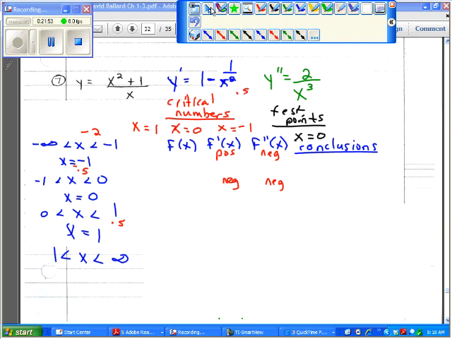If I put in a 0.5, then 0.5 squared is a fourth, and so I'm going to get a fourth, and I'm going to have a 1 minus 4, which is a negative 3. And so it's negative again right here. If I put in a 0.5 here, it's going to be an 8, so I'm going to have 2 divided by an 8, which is really positive 16. But I'm concerned about the positive, so that's going to be a positive.